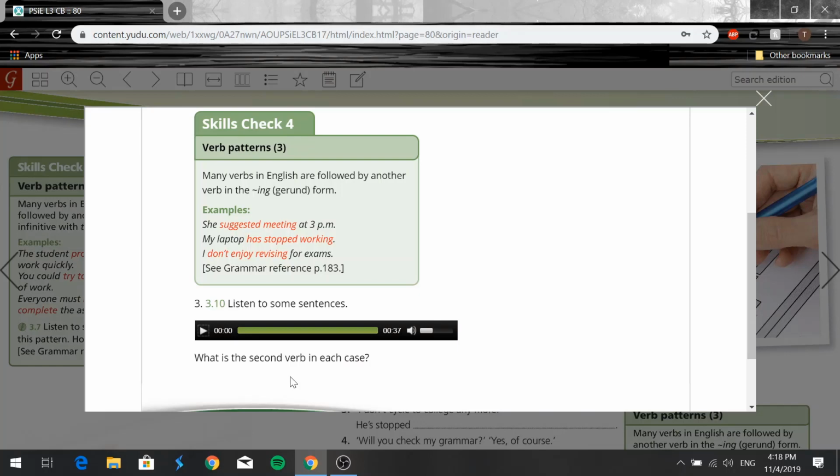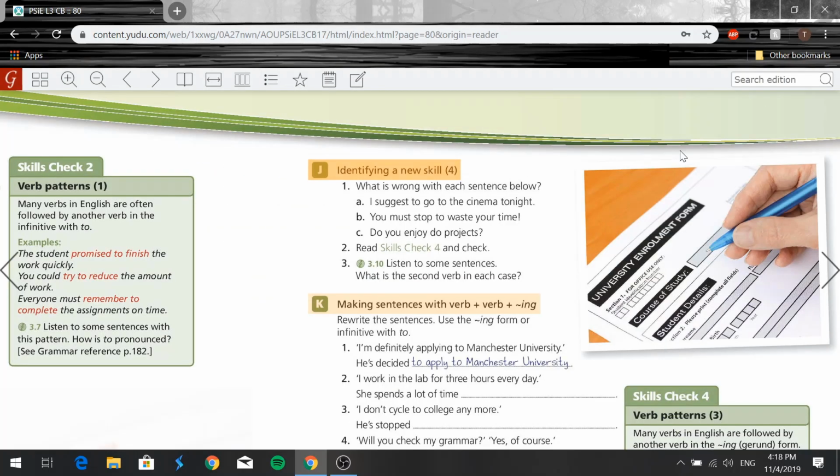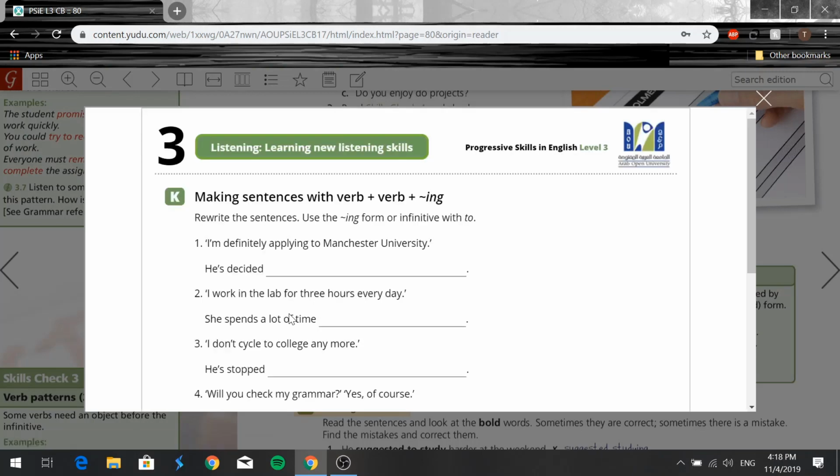I've stopped smoking. Well, I'm trying. Trying here is the second verb. When did you start cycling to work? Cycling is the second verb. Okay? So that was exercise J. Now let's move on. Making sentences with verb plus ing.